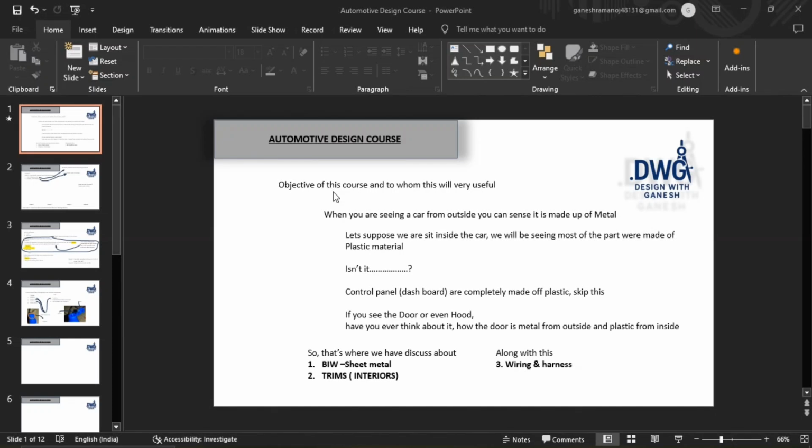Whenever there is manufacturing, mechanical engineers take more responsibility, so it relates to the mechanical industry. If you are a mechanical engineer with good skills in automotive design, you will definitely get a good job in a good company. The salary is also quite high compared to other design engineers.